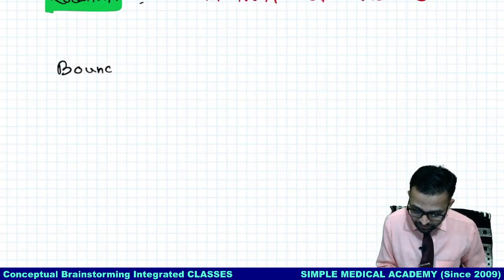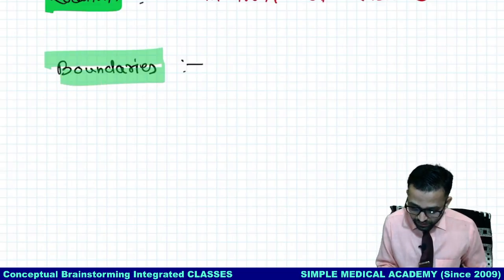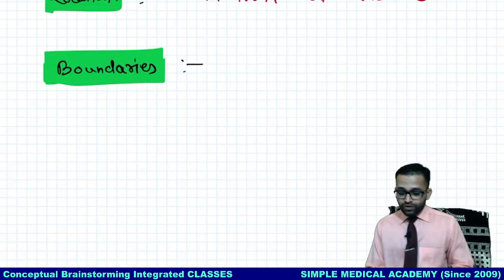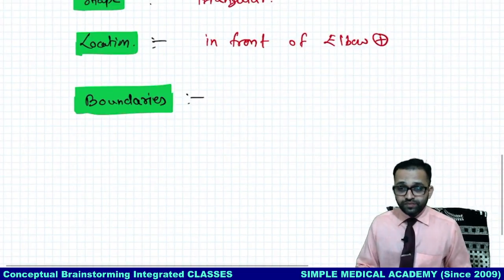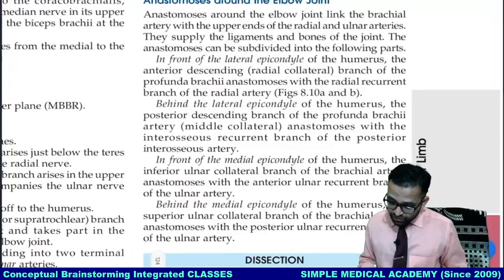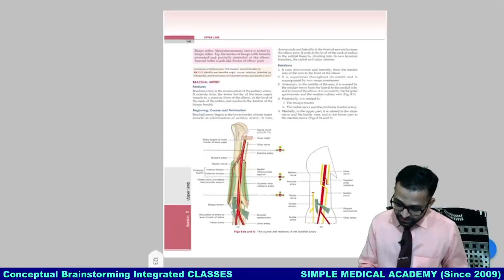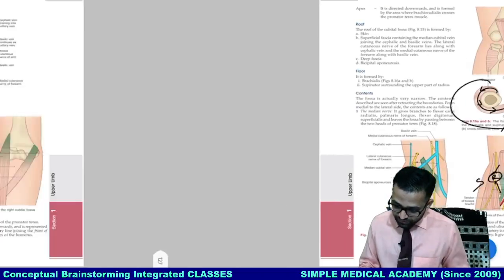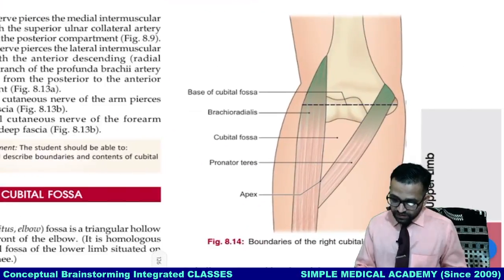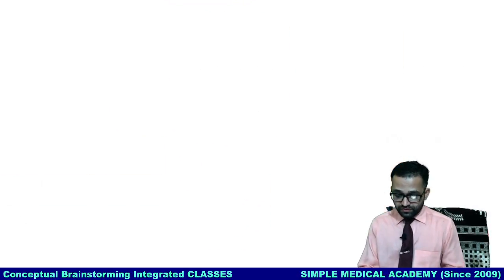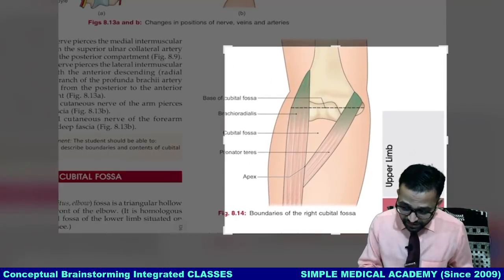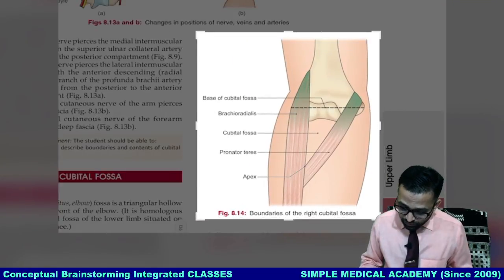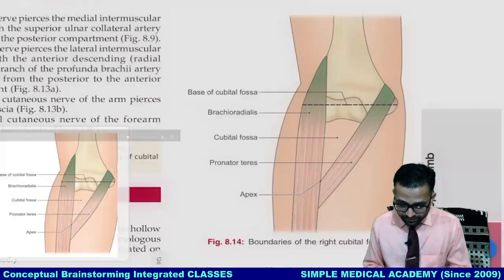Now we are going to look at the boundaries, for which we are going to make a diagrammatic presentation. Just to try to understand, in our textbook you will see different kinds of diagrammatic presentation. Integrating with your textbook, you can get all these points there.